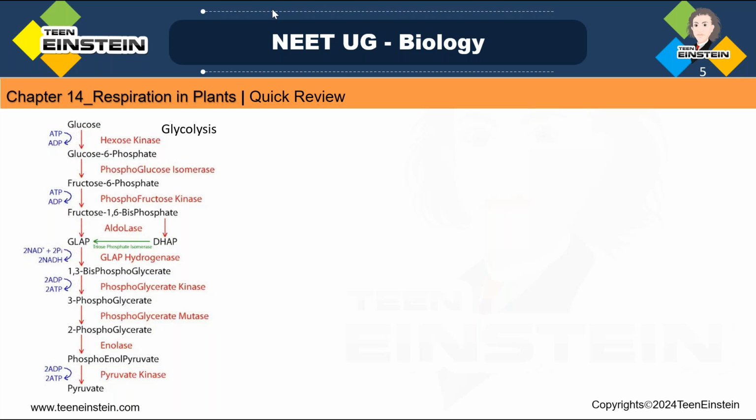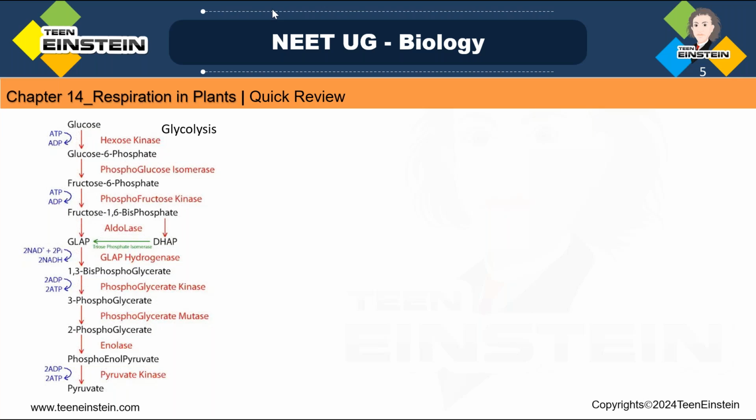For fat or protein, the respiratory quotient will be less than 1. For succulents, the respiratory quotient is 0. This also you need to remember. In so many question papers, they have asked these respiratory quotient values. It's a direct question, you just need to learn these values by heart.